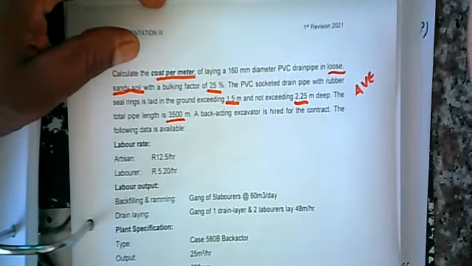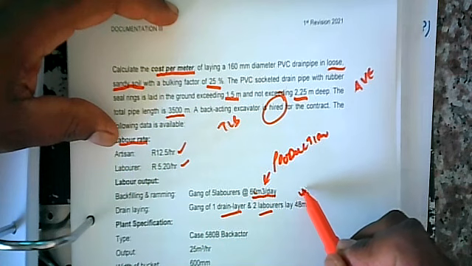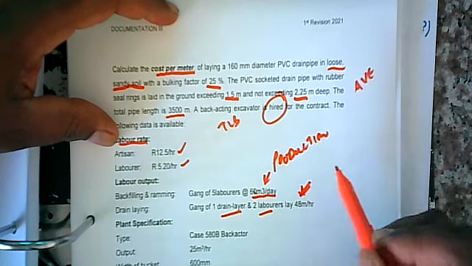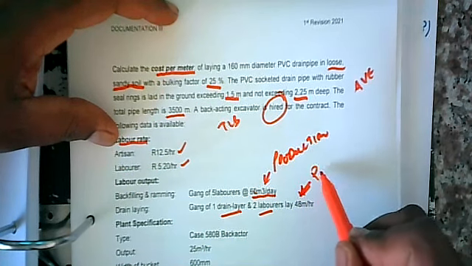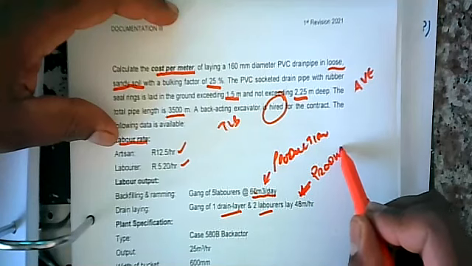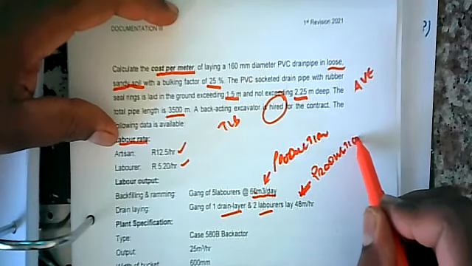And this activity requires a gang of 5, and they can do 60 cubic meters per day. So this is their production. Drain laying, gang of 1 drain layer and 2 laborers, and they can lay 48 meters in an hour. There's quite a bit that they can do for that activity.